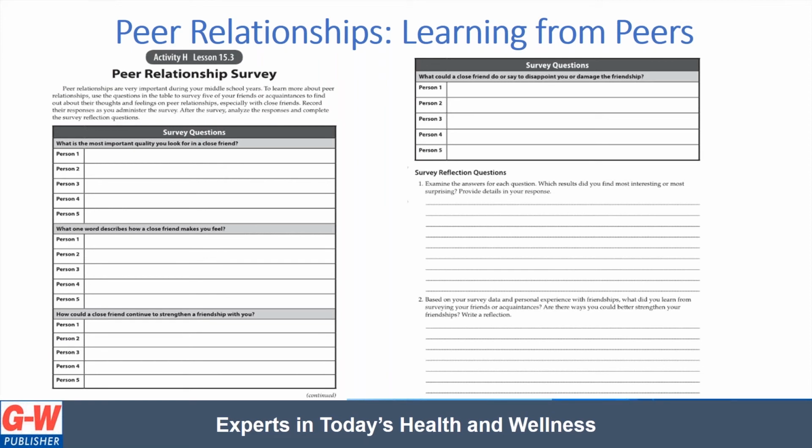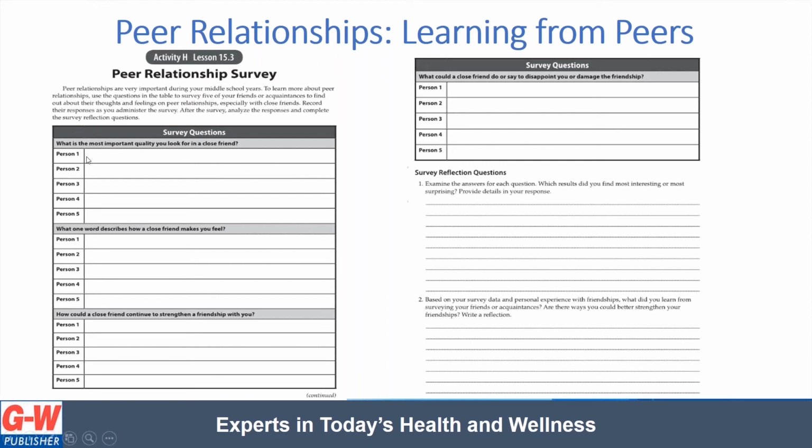This is a short activity from our middle school workbook that allows students to survey. They're going to survey 5 of their friends or peers to find out more about their thoughts and feelings on peer relationships. They may ask questions such as, what is the most important quality you look for in a friend?